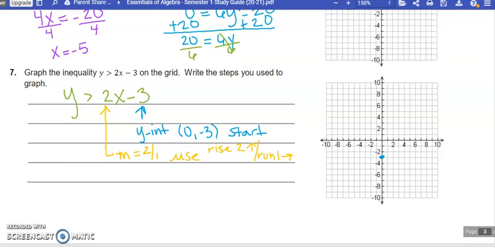And then, of course, we're going to use our slope as rise over run. So from that point, I can go up 1, right 1. And I can do that several times. I could also go down 1, left 1 just to get that same slant, because negative divided by negative is a positive. And then we notice this is an inequality, so we're going to use the dashed or dotted line.